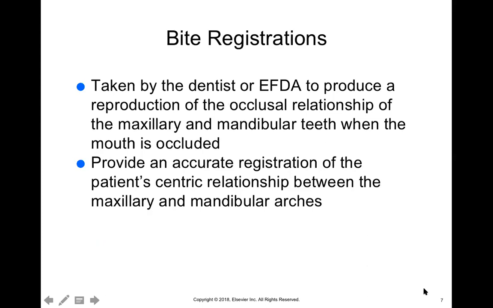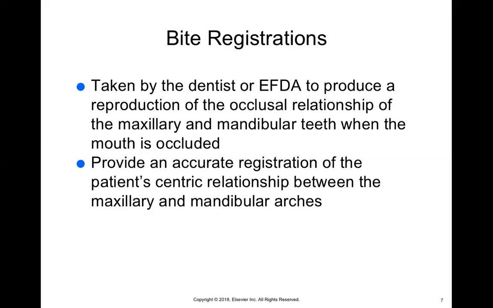Okay, bite registration is taken by the dentist or the expanded function dental assistant, and this just produces a representation of the patient's occlusion, how their maxillary and mandibular teeth come together. Now, the purpose of having a bite registration is that if we're creating these different indirect restorative appliances for the patient, we want to make sure that we don't create them too low or too high.